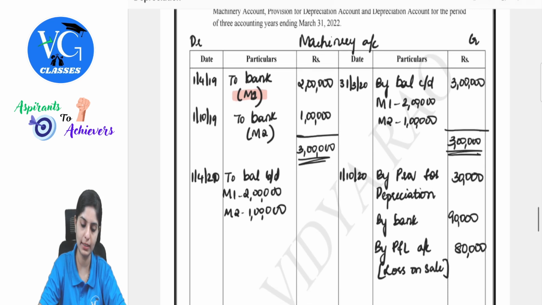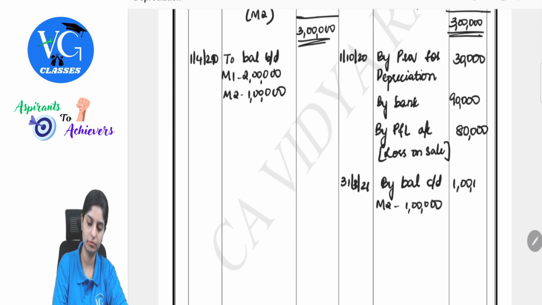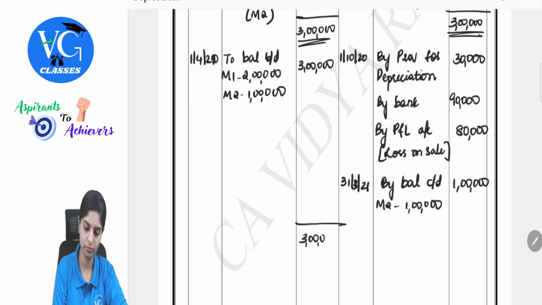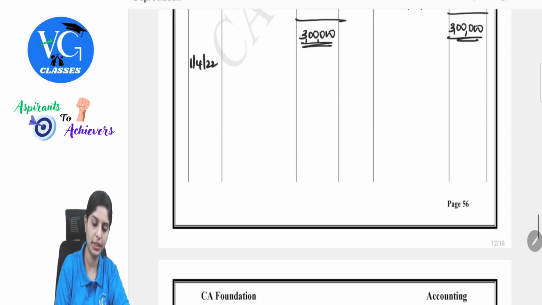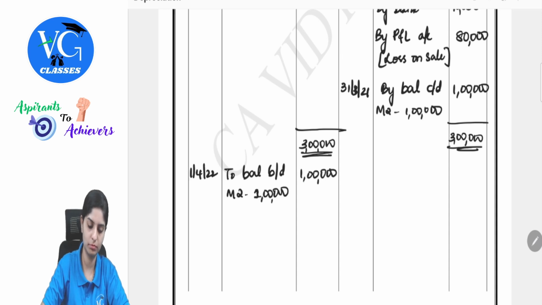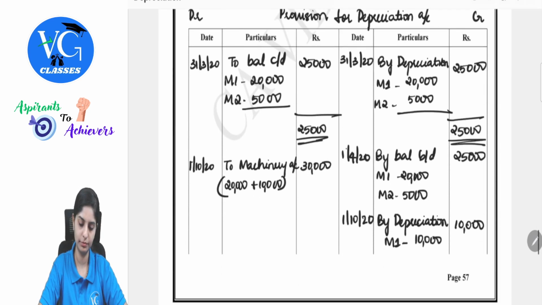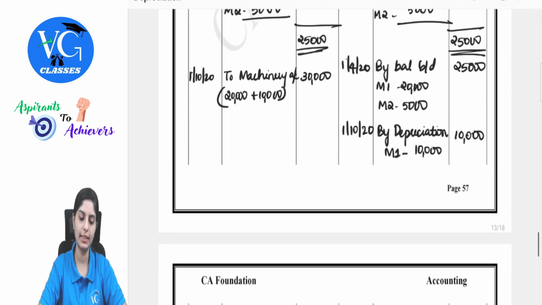So this current year, there are no other transactions. 31st March 21, by balance carried down, M2 1 lakh, first April 22, to balance brought down, so this is 1st April 21. We have completed the transaction connected with machine 1.